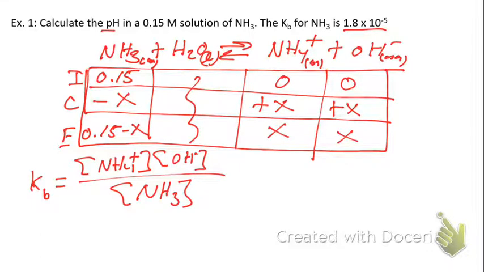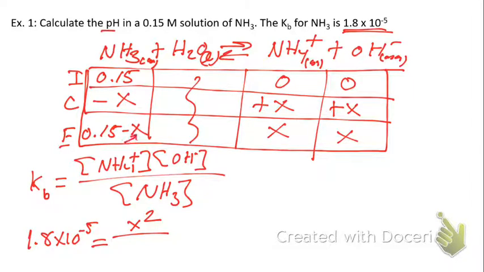Now we need to solve for x in order to get the hydroxide ion concentration, which will allow us to figure out the pH. So 1.8 times 10 to the minus 5 is equal to x squared over 0.15 minus x. Because the Kb is so small, we can use the approximation method.